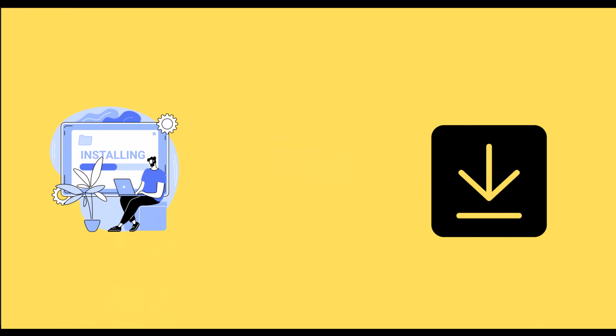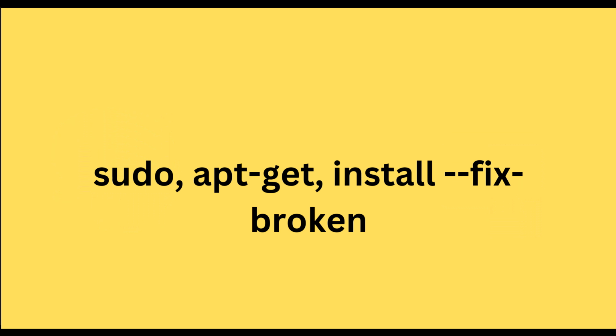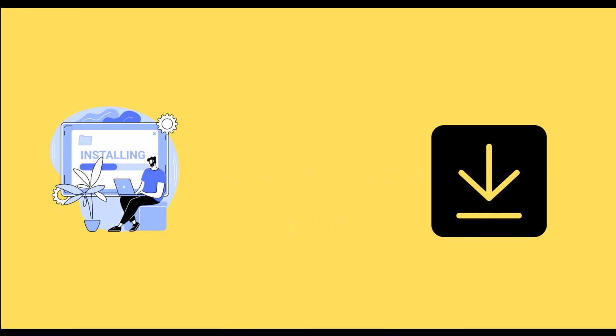This interruption can leave the GIMP package in a partially installed or broken state, which in turn can lead to dependency issues. When a package installation is incomplete, it often fails to properly register the necessary dependencies, leading to a scenario where these dependencies are either partially installed or not installed at all. This situation can cause not just the primary application, in this case GIMP, to malfunction, but it can also affect other applications that rely on the same dependencies.